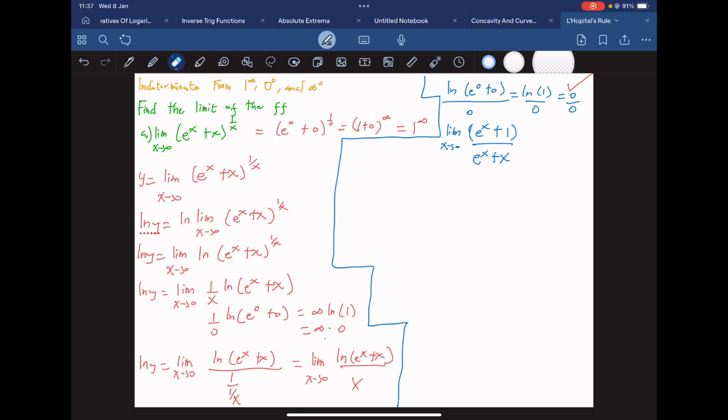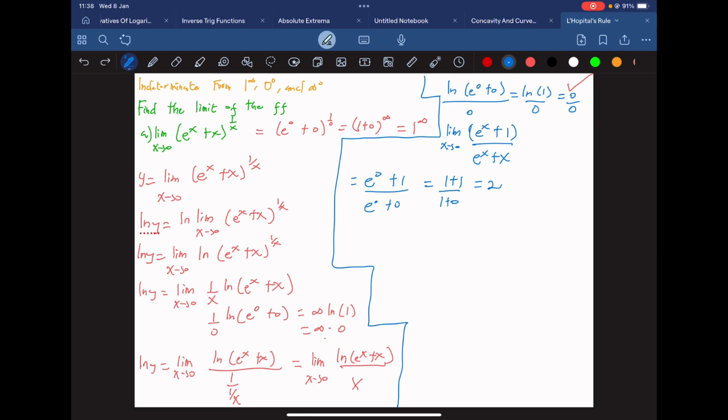So you can go ahead not to even bring this, because we are dividing by 1. Now if we put in 0, you are going to have e to the 0 plus 1 over e to the 0 plus 0. So e to the 0 in this case is 1, plus 1 over 1 plus 0. So this is just 2. Remember, we have ln of y equal to this whole right hand side.